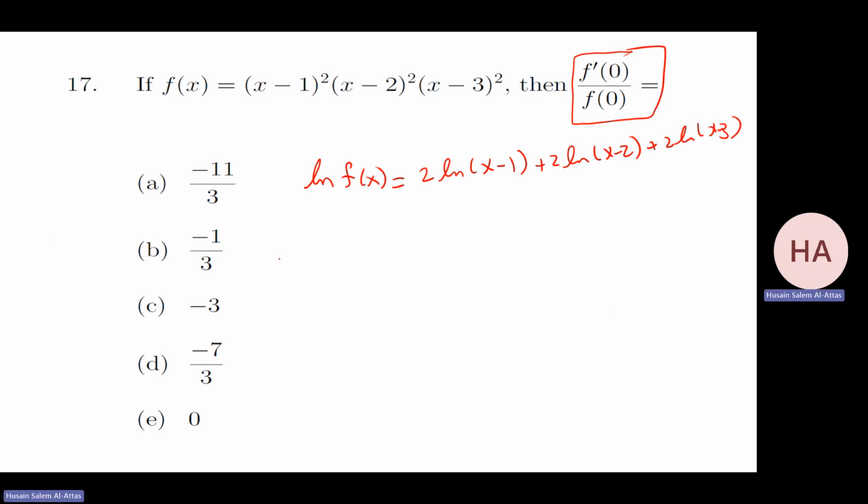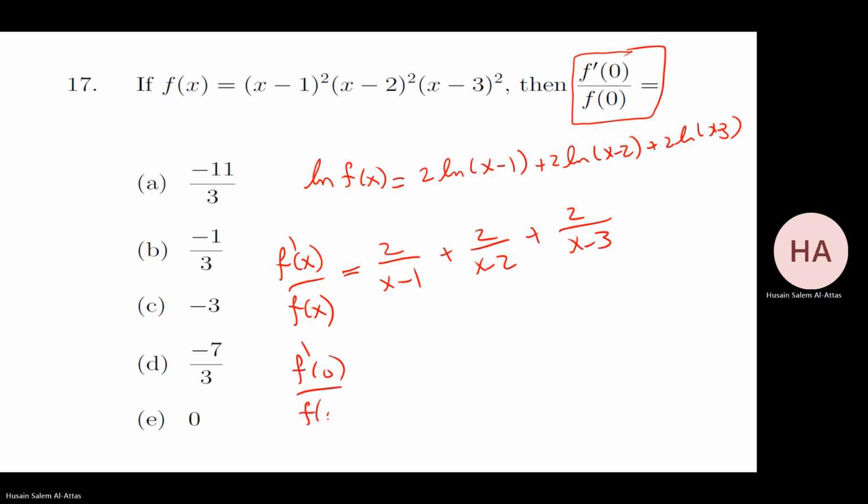Differentiate with respect to x, so I have f'(x) over f(x) equal 2 over (x minus 1) plus 2 over (x minus 2) plus 2 over (x minus 3). Add 0, and this is what I'm looking for, will be equal minus 2 minus 1 minus 2 over 3, minus 3 minus 11 over 3 minus 9 over 3 minus 2, which is minus 11.